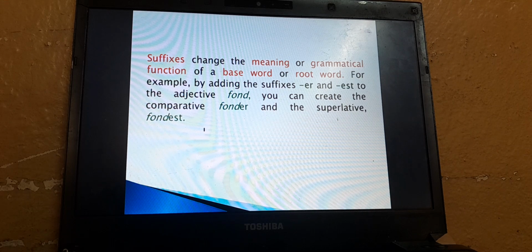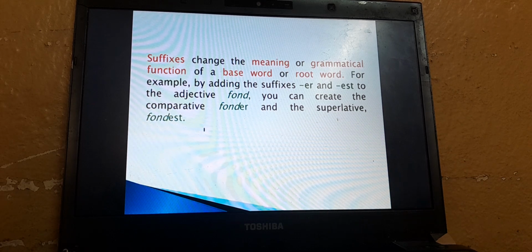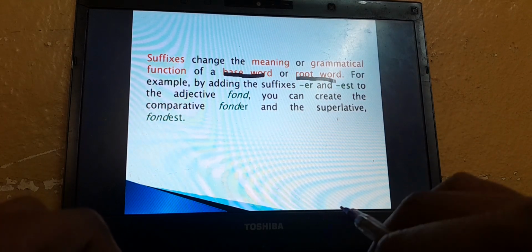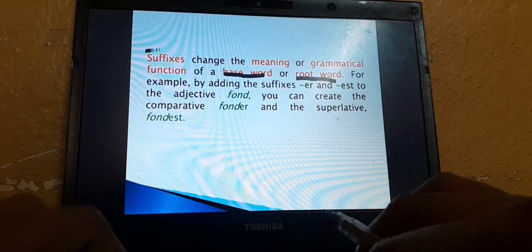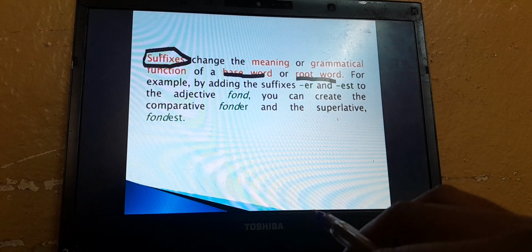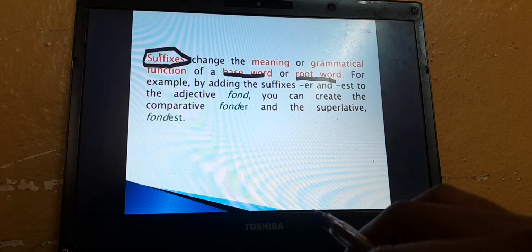Suffixes change the meaning or grammatical function of a base word or root word. That is the point which has a relation with the point we stated earlier. For example, by adding the suffixes er and est to the adjective fond, you can create the comparative fonder and the superlative fondest.